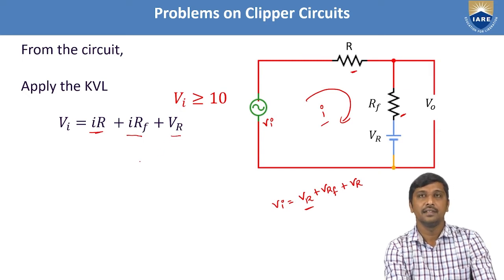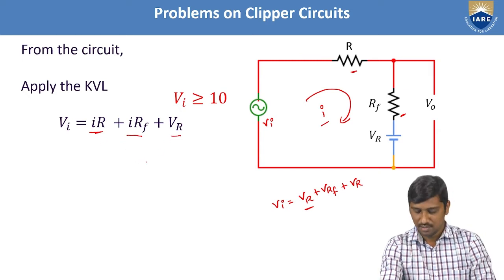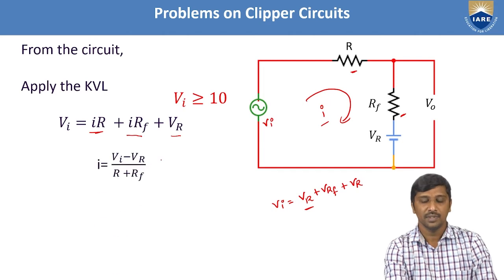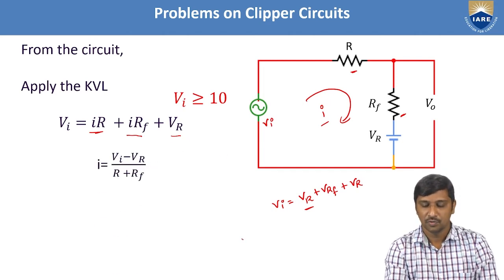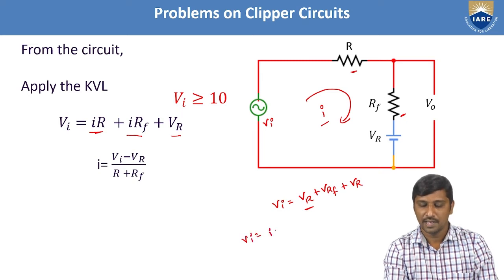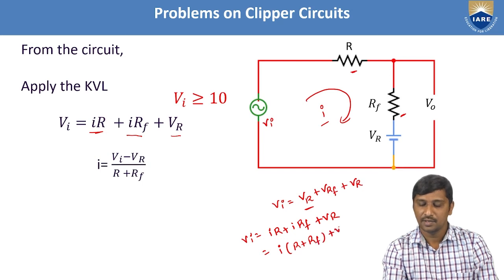Now you can simplify. I is common. So VI is equal to I into R plus I into RF plus VR. If I take I as common, this is I times R plus RF, plus VR.